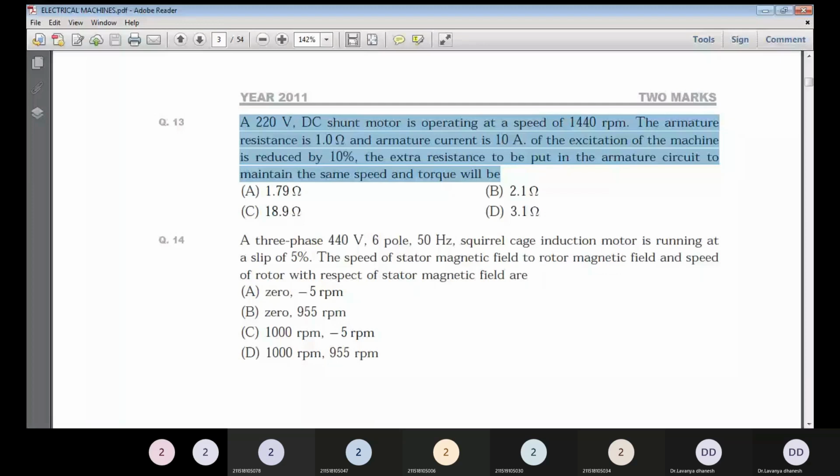We know EB, we know V, we know everything except R. So from that we can calculate the value.